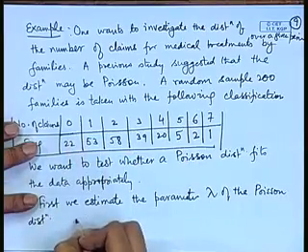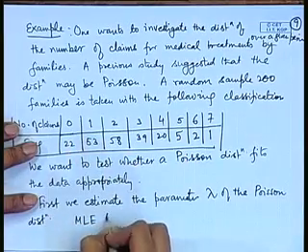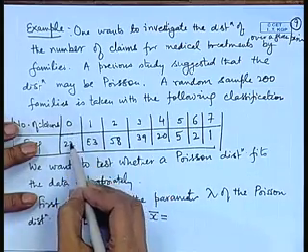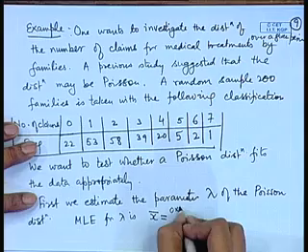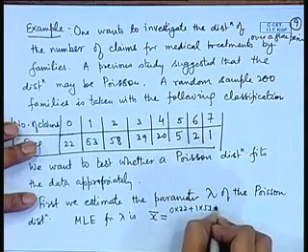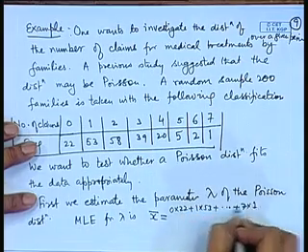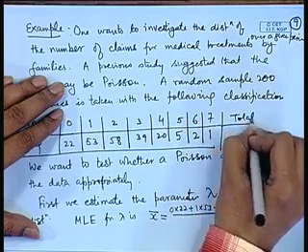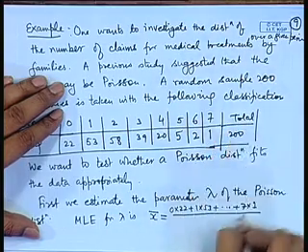Now, we have already done estimation. We may use say maximum likelihood estimator or say minimum variance unbiased estimator for lambda. So, for example, maximum likelihood estimator for lambda is x bar. So, x bar is the mean which can be evaluated from here, that is 0 into 22 plus 1 into 53 and so on, plus 7 into 1, divided by 200. The total number of families is 200.